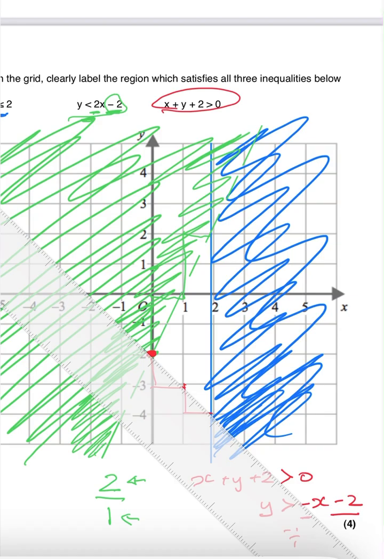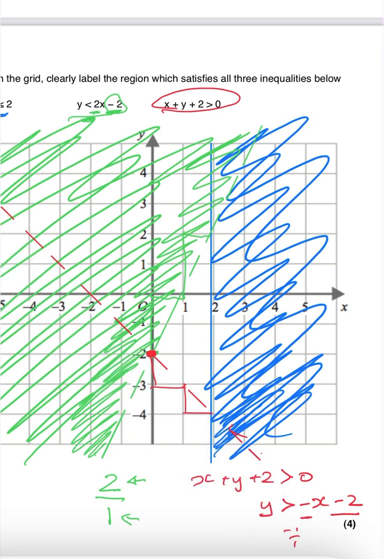And we're dealing with less or greater than, so we need a dashed line again because there's no equal to. The value cannot be on this line. Y is greater than, so that means any of the values above this line are eligible, so we'll shade everything below.